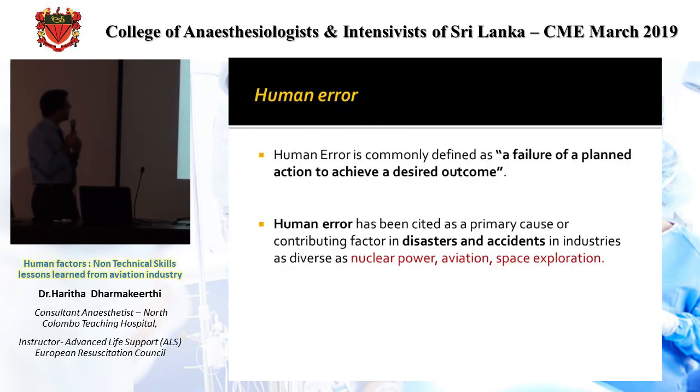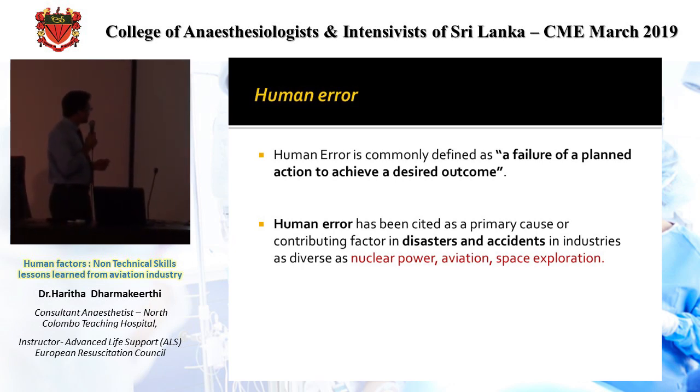Human error is commonly defined as a failure of a planned action to achieve a desired outcome. So it's basically when something goes wrong, right? We plan for something, but it goes wrong. That is a human error because it has not gone according to our plan.